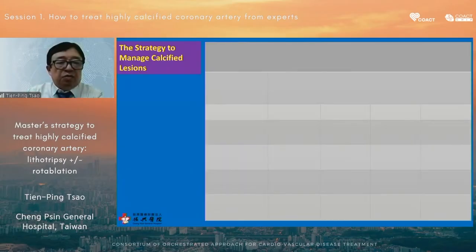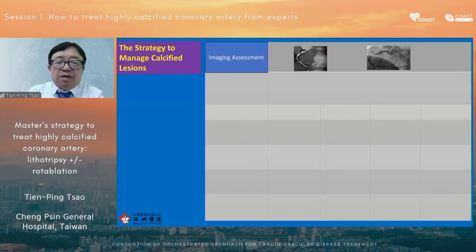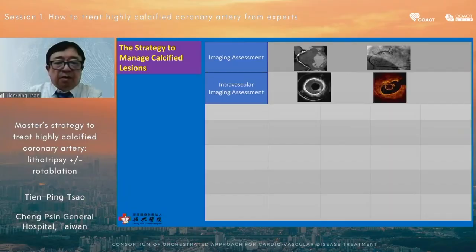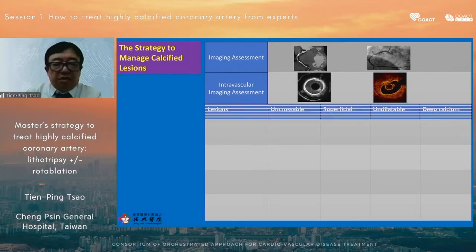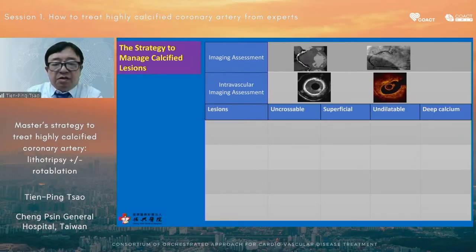The strategy to manage calcified lesions: the first route will be imaging assessment, including the CT scan and coronary angiography, and then intravascular imaging assessment, including the IVUS and the OCT. There are different lesions, including uncrossable lesion, superficial undilatable lesion, and deep calcium.